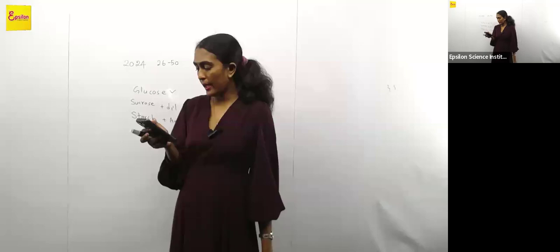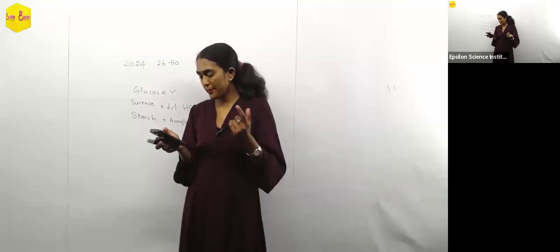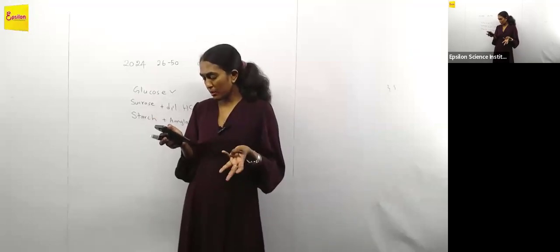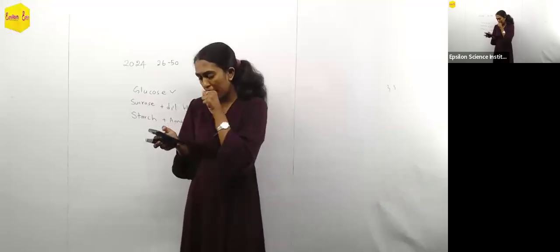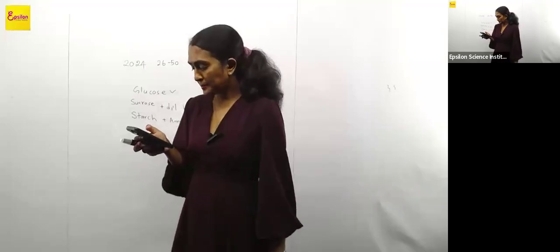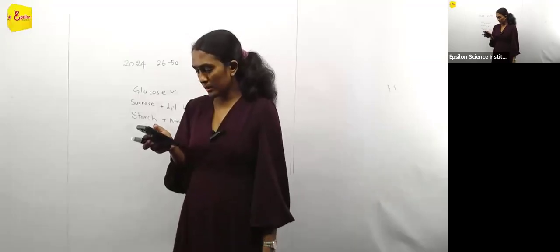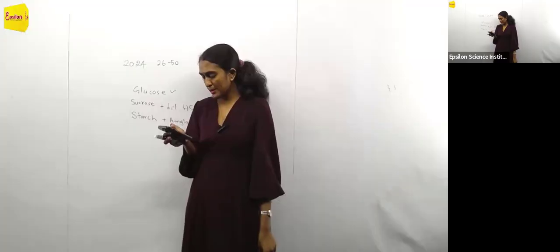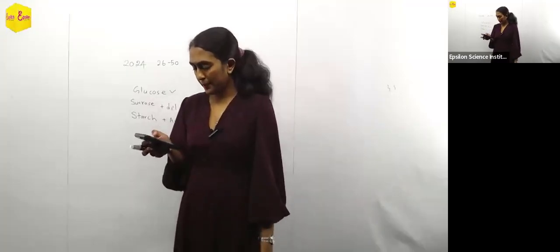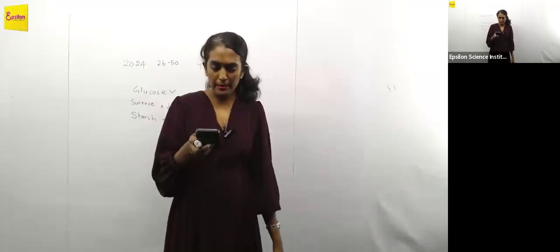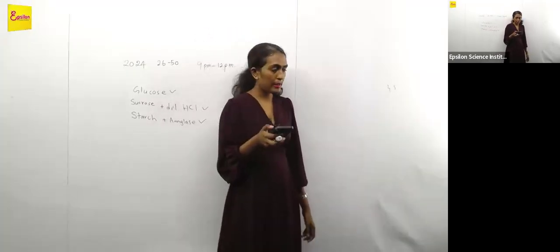Dark blue color means it has starch also. No color change with biuret, so no proteins. So you can say glucose and starch, no? Am I correct? Yeah, answer 1.